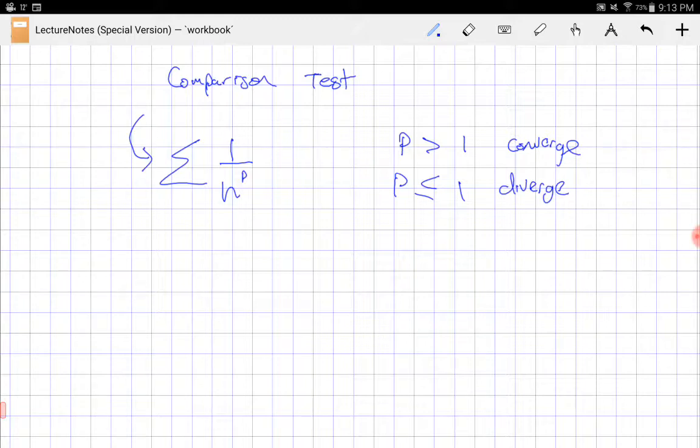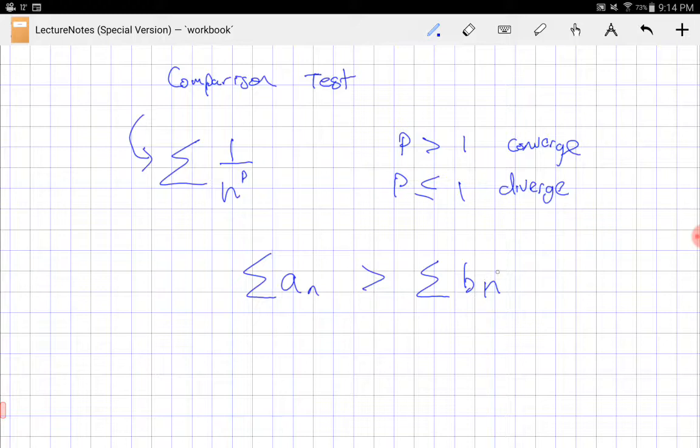So, for example, if we know a series an, and we know that it's bigger than the sum of bn, and we know that bn diverges, let's let diverges mean increasing unbounded.